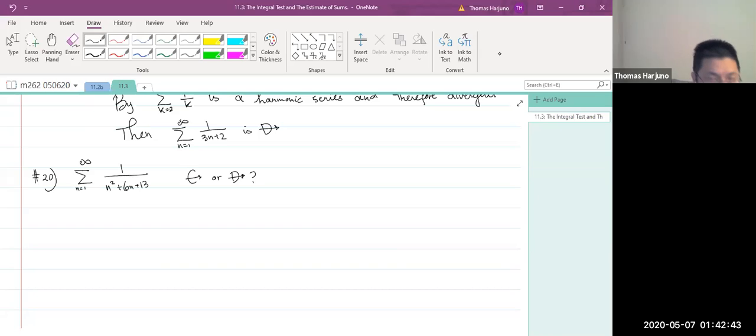You will see what makes this section, or to be more precise, these series problems, difficult, because you need to predict whether this series is convergent or divergent, and then find the reasoning behind it.